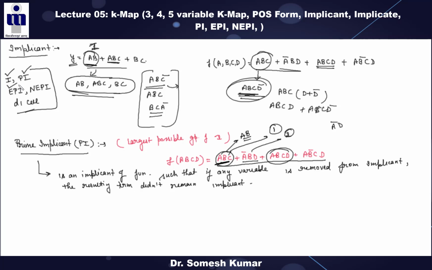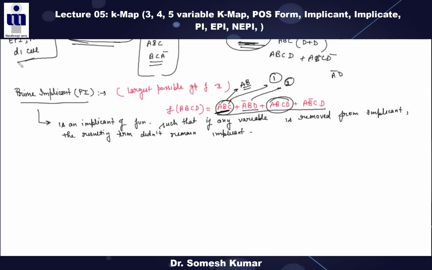While non-essential prime implicants are those prime implicants which are not mandatory to come into the final minimized expression, right? I am going to clarify all these theoretical statements with one particular K-map example.